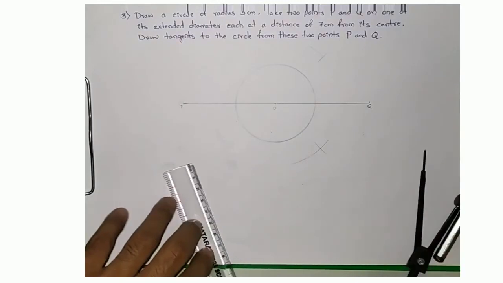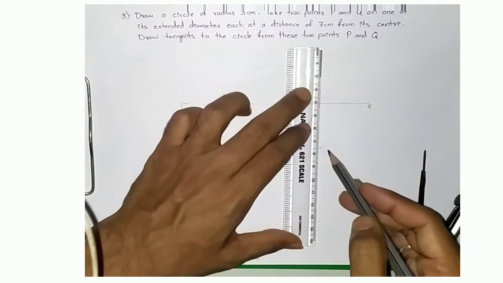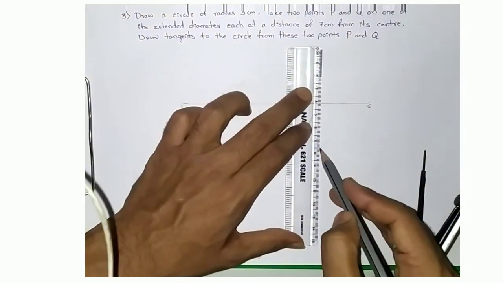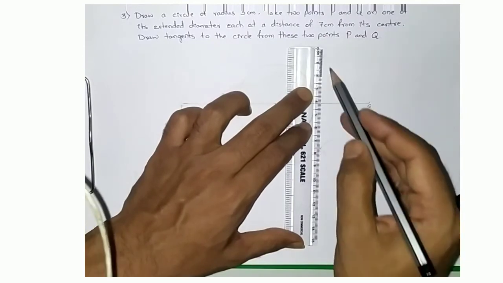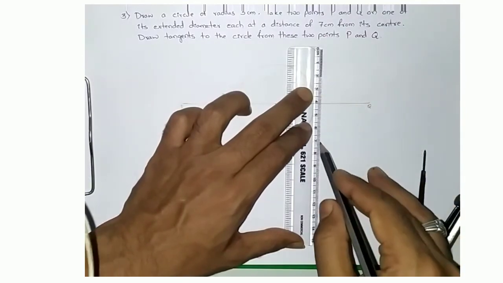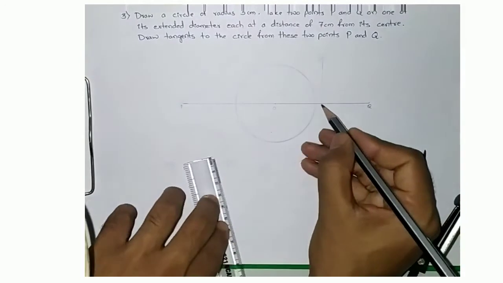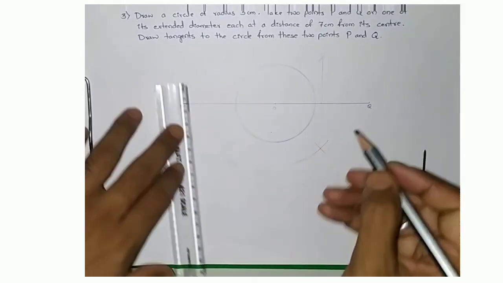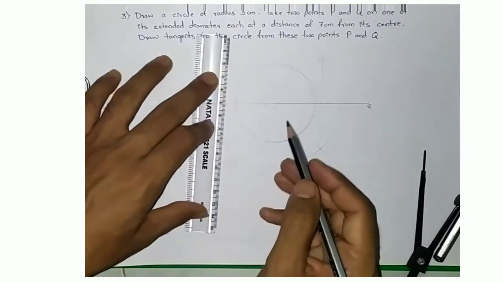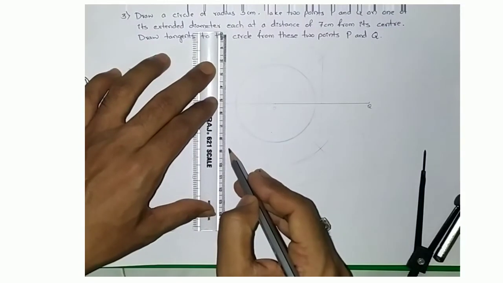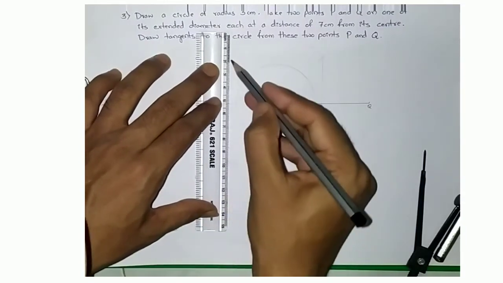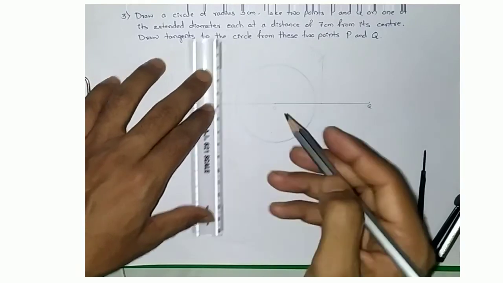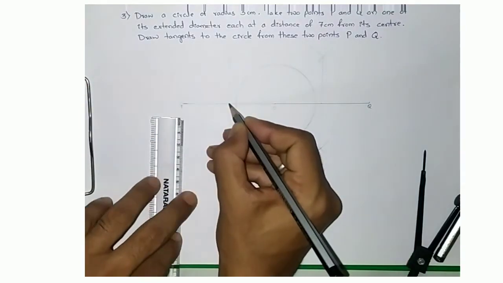So now join the points which you drew with a light line, because we need just the center point of OQ as well as the center point of OP. So these are the center points.